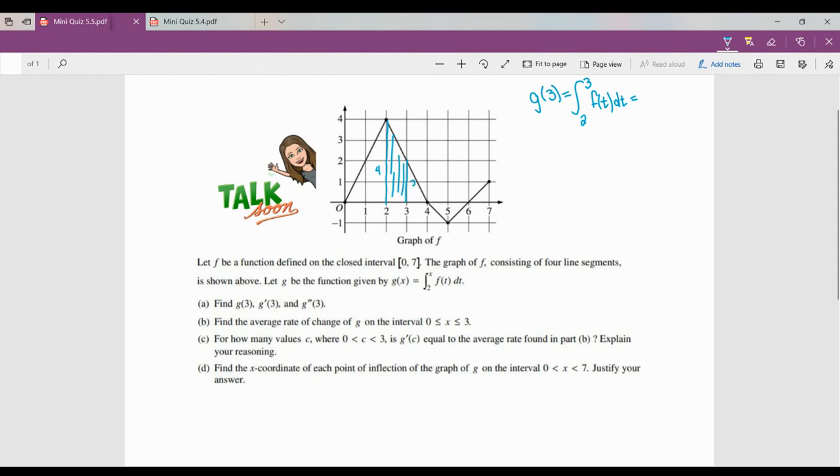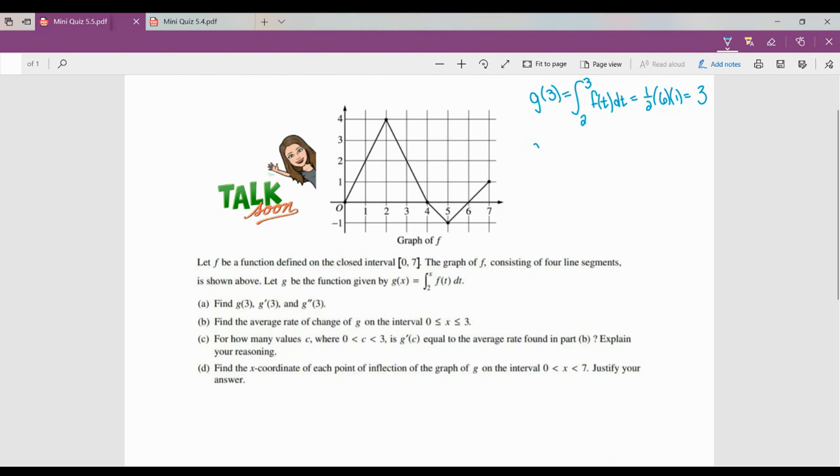This one's a base of 4, base of 2, height of 1. So we've got 1/2 base 1 plus base 2. So that's going to be 6 times my height is 1. So we've got g of 3 is equal to 3. All right, I'm going to erase that so that that is not blocking our whole graph.